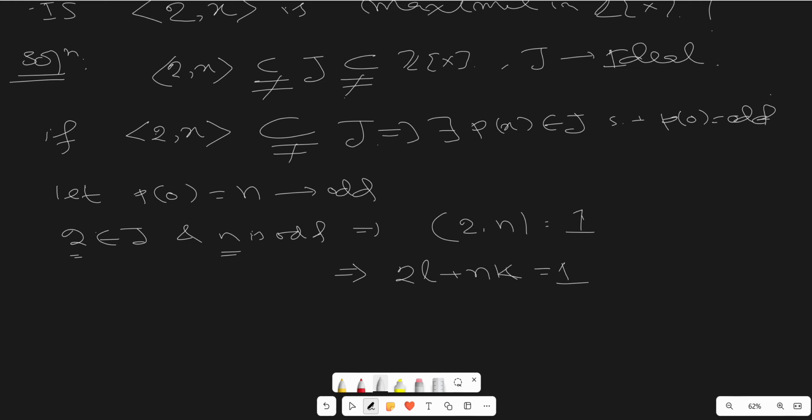This is the property of GCD: you can write it as a linear combination of 2 and n, with l and k integers. Okay, you have to understand. So this is inside J and this is inside J.